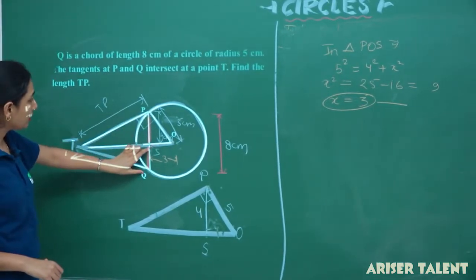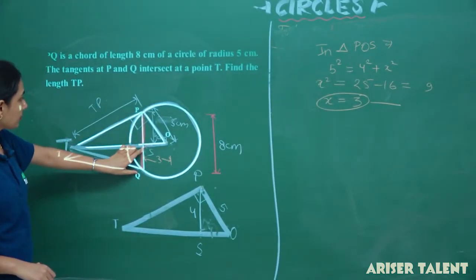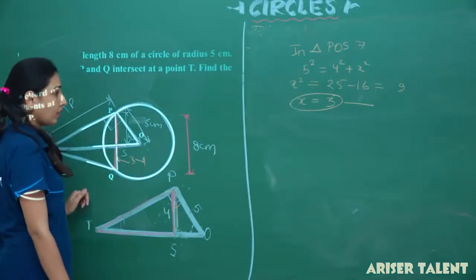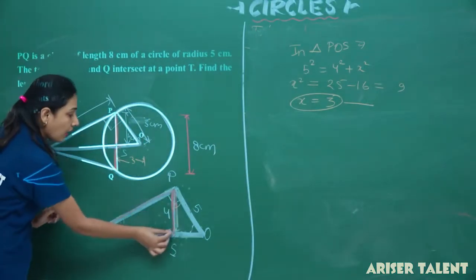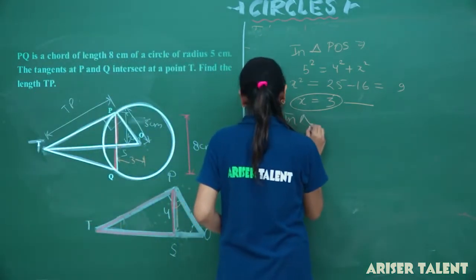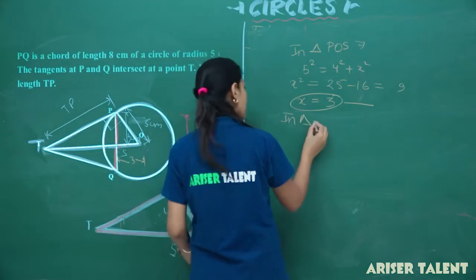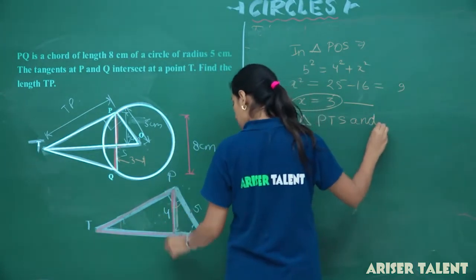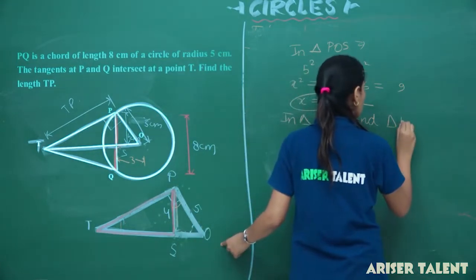These two are similar. Okay students, we will now take these two triangles: first triangle PTS and the second triangle PSO.